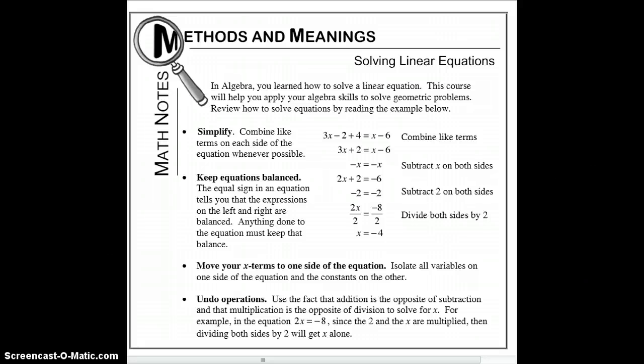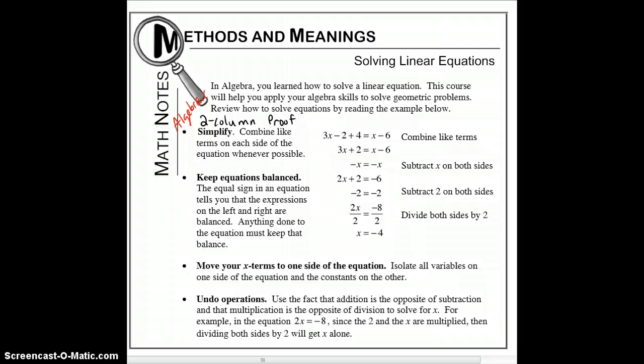Now, we will have a new format for solving equations. A lot of you on your homework do a great job of lining up your problems, such as they have done here. But what we're going to do when we line up our problems and solve linear equations is set them up in what is called a two-column proof, and the two-column proof that we're using here is, rightly so, an algebraic two-column proof.